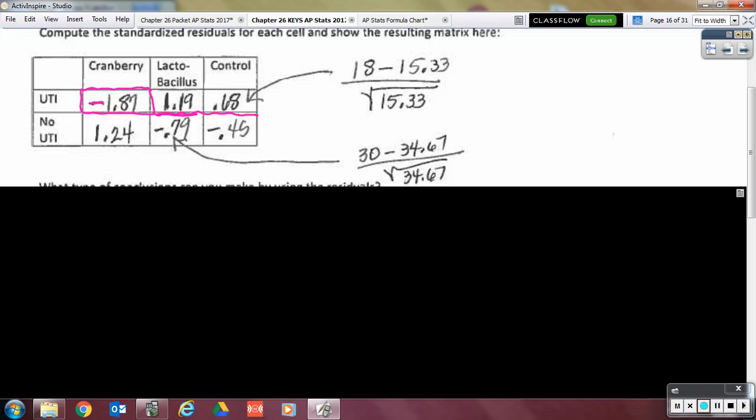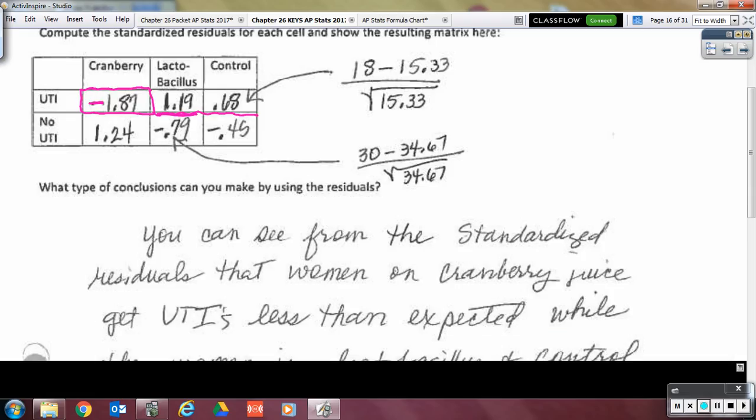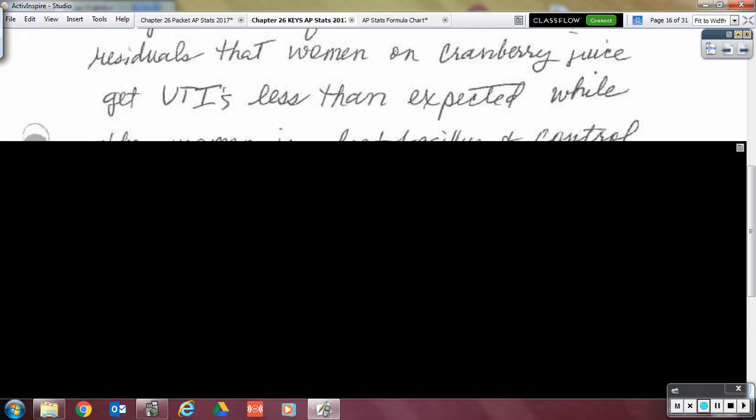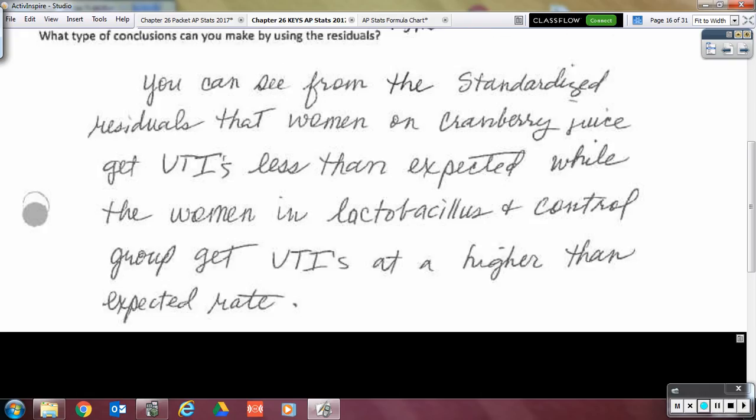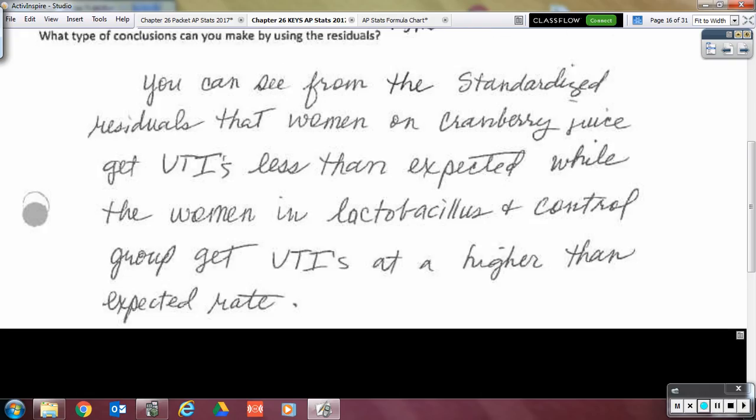So here is what I wrote. I wrote 2 different sentences, but technically probably just the first sentence would answer the question they asked. You can see from the standardized residuals that women on cranberry juice get UTIs less than expected. That technically answers the question that was asked.